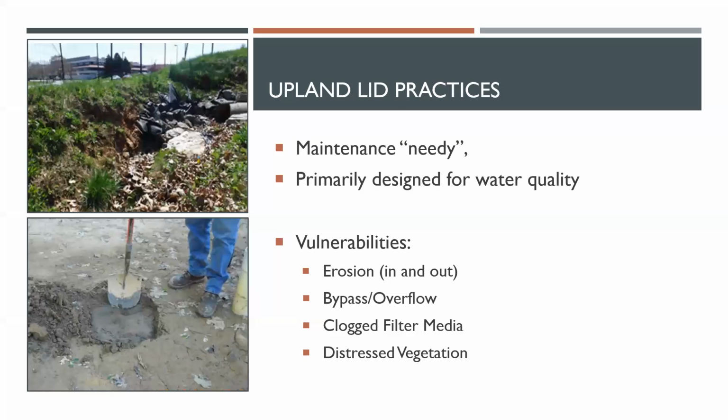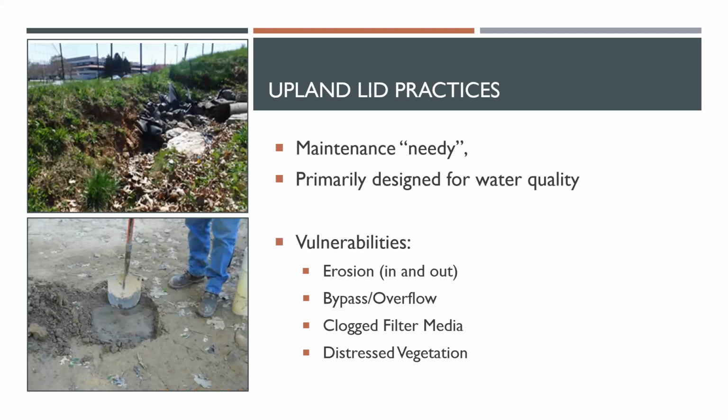So in a lot of ways, these practices are at a lot of risk for routine maintenance needs and loss of functionality, right? They're less likely to have some sort of catastrophic impact, but they are inherently maintenance-needy practices. They're primarily designed for water quality, so they're sized a little bit smaller.